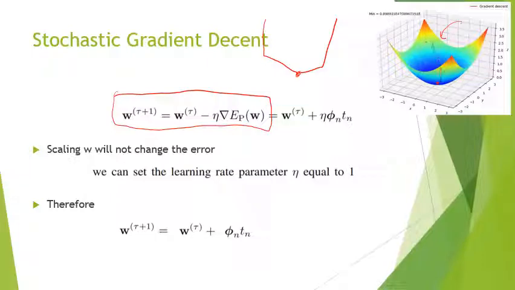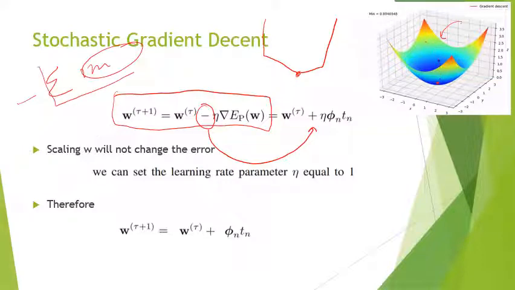Just for your information, if you see carefully, this negative got changed into positive. Why? Because my error function was the negative summation over all misclassified samples. I take a sum of them, and I was using a negative.